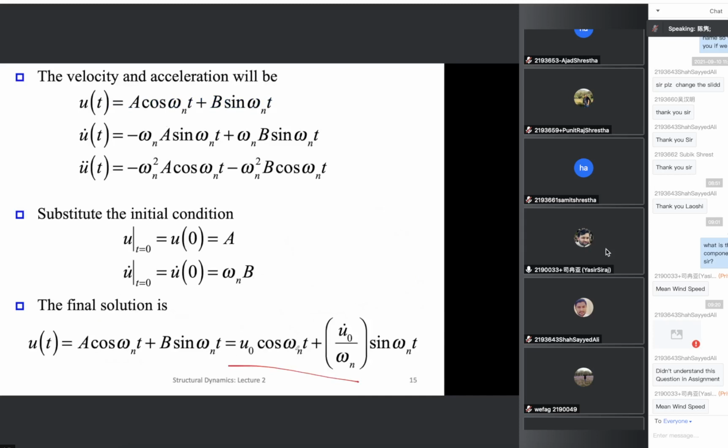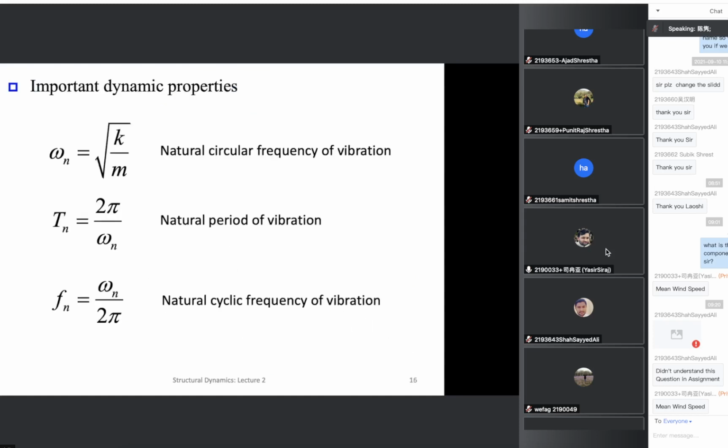So finally we get this equation, the final solution for the free vibration. And then we get very important dynamic properties. As a student just asked about tall buildings and short buildings, they have different dynamic properties, which are shown in their K or M or other parameters.